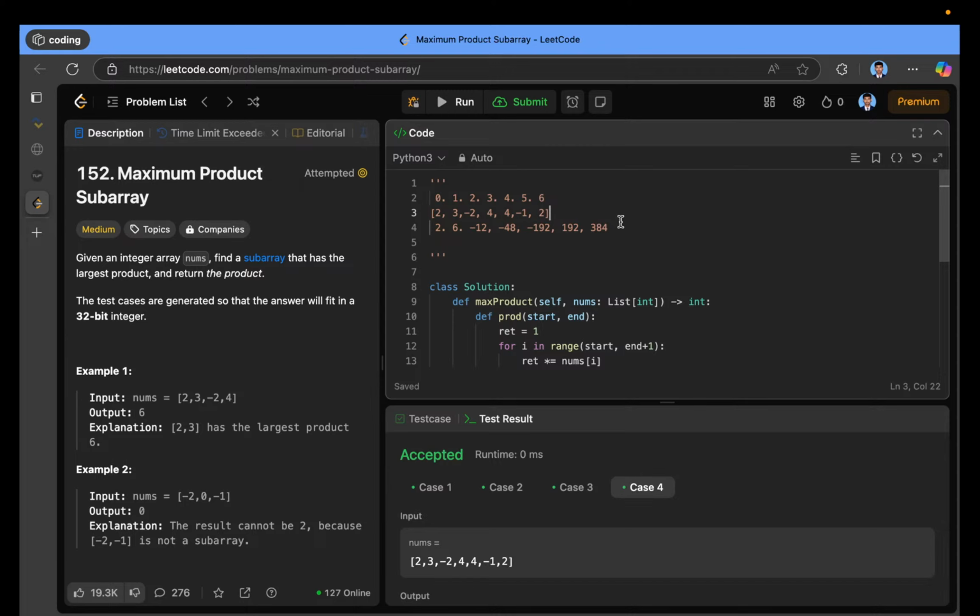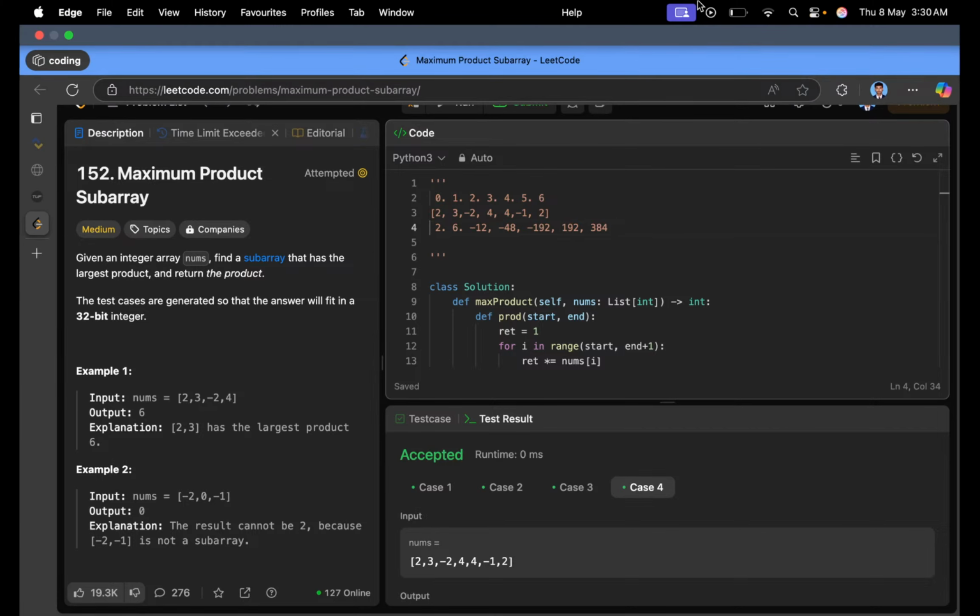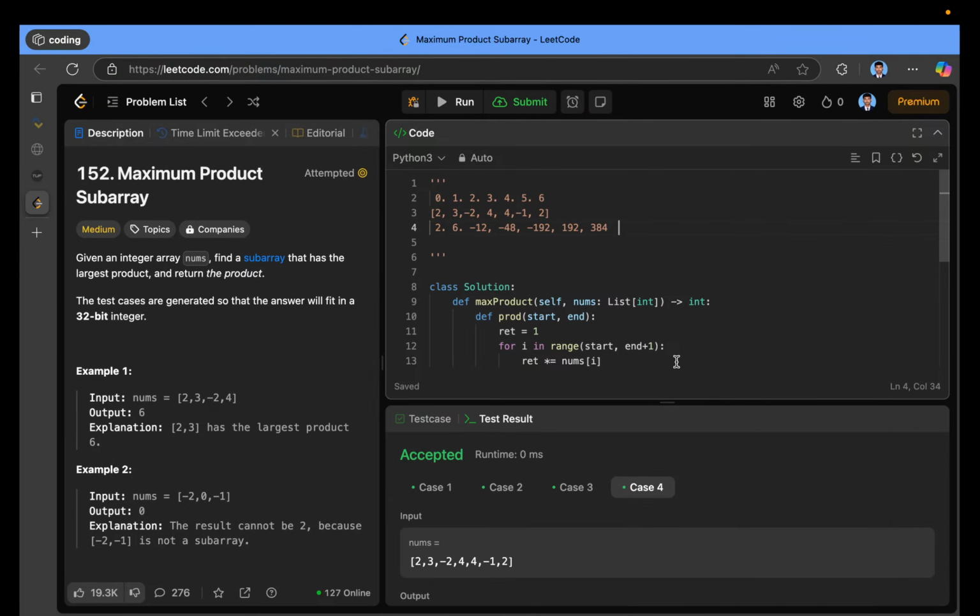Thank God. Okay, so what should I do to solve this question? I'm not able to get any way to solve this question. Okay, time is 3:30. What can I do? 2 3 minus 2 4 4 minus 1 2. Kadane's algorithm will not work.